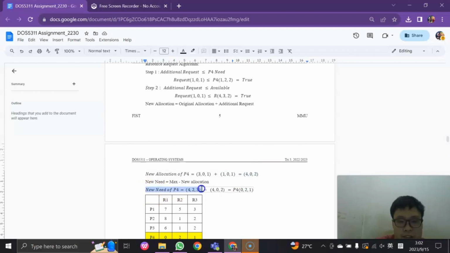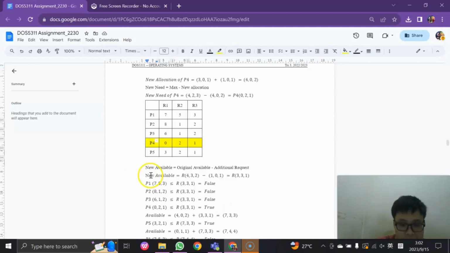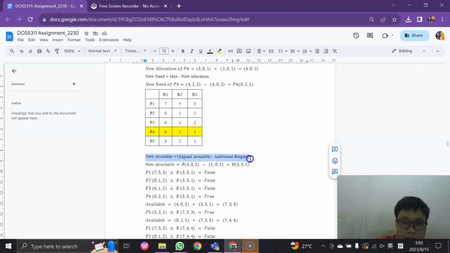Now calculate the new need of P4. 4 2 3 minus 4 0 2 equal to 0 2 1. So the need matrix of P4 is updated there. Lastly, calculate a new available. The formula of new available is original available minus additional request. So 4 3 2 minus 1 0 1 equal to 3 3 1.